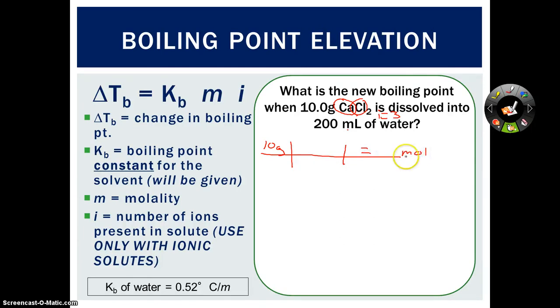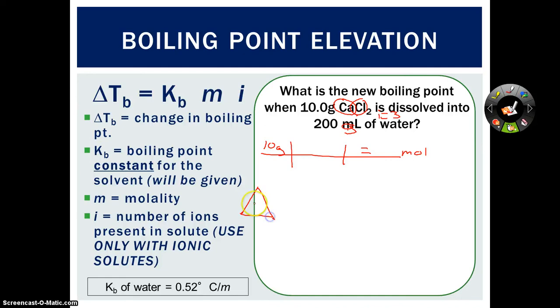Just to remind me what I'm doing here. And then the 200 milliliters is the same thing, milliliters is the same as grams, and then I convert this to kilograms for molality.